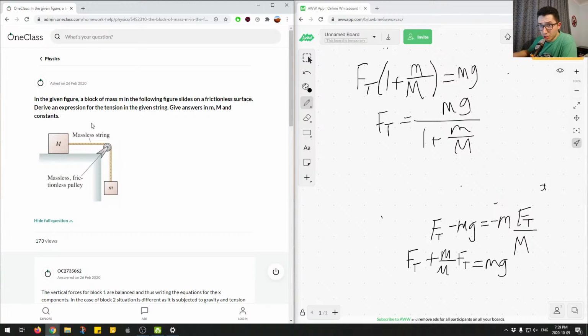So g is just a constant. We know what the value is. And then we have the rest, m on top, and then we have 1 plus lowercase m over capital M. So we've provided the derivation for the force of tension with those variables.